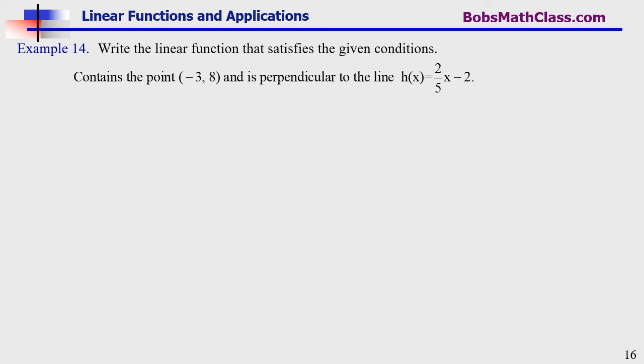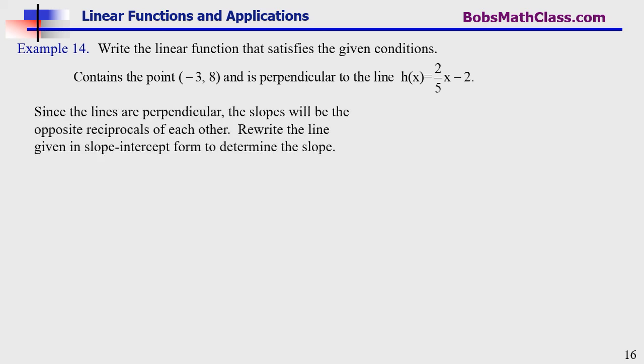So we're going to compare it to this line h of x. Again, a different function, different letter. What is the slope of that function? Right, it's 2/5. But since this is perpendicular, we're going to flip it and change the signs. So that's what that says.